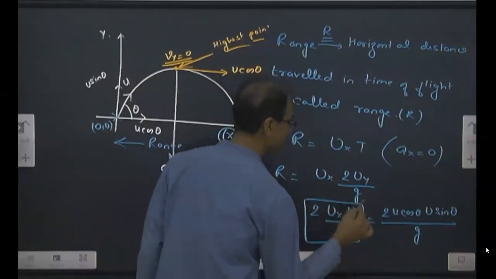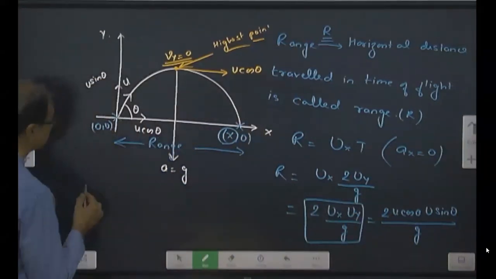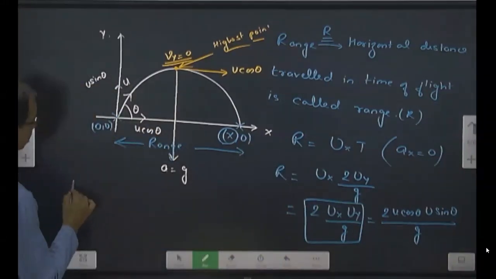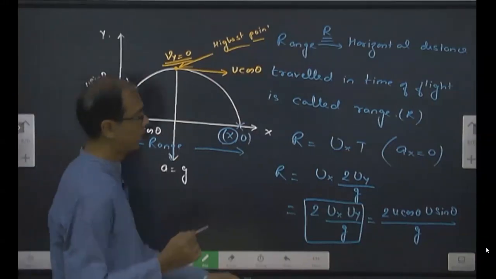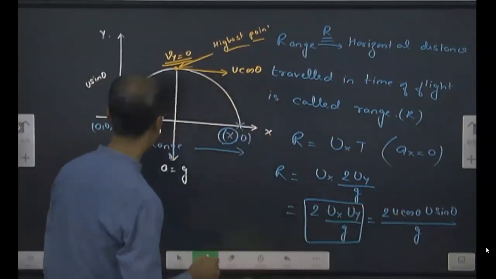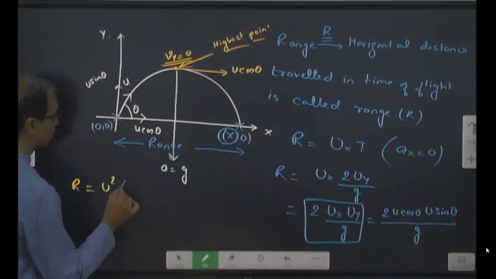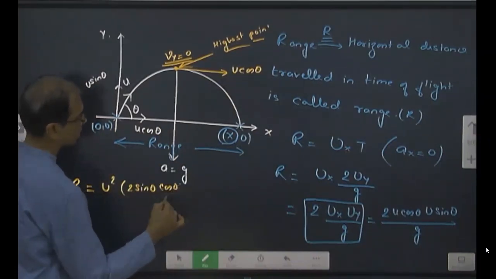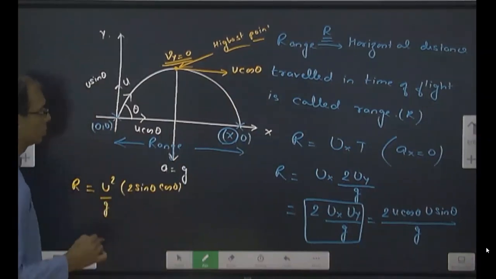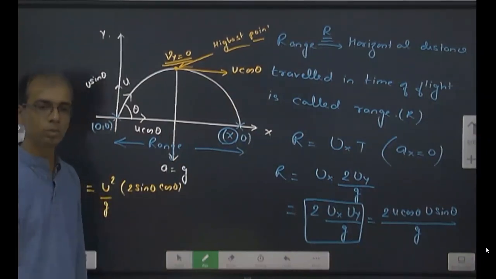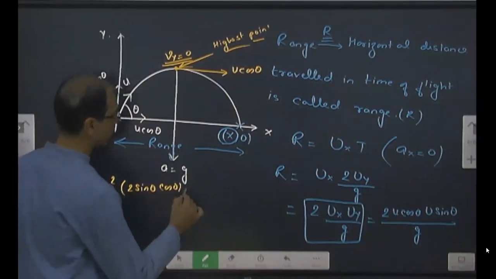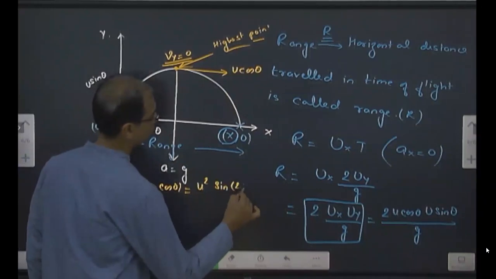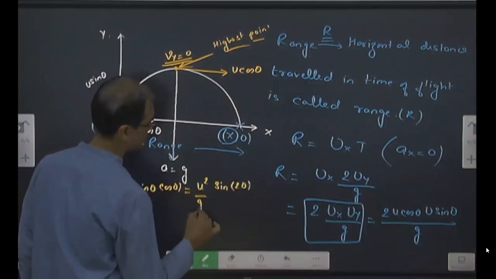So R equal to u into u, that means u square, into 2 sine theta cos theta by g. This 2 sine theta cos theta is sine 2 theta. So this becomes u square sine of 2 theta by g.